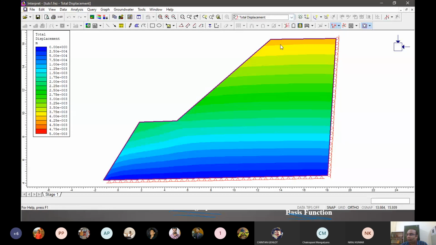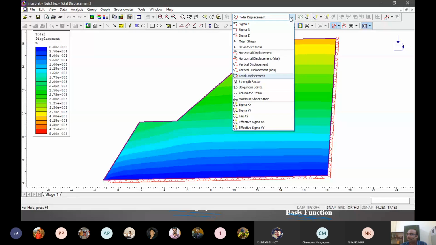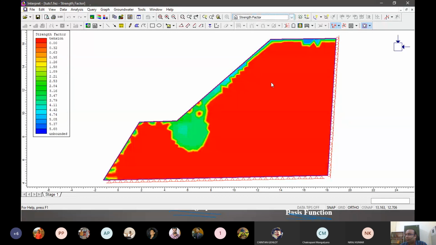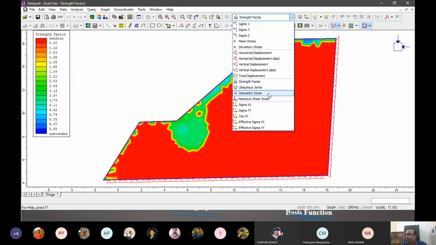If it would have been a failure kind of slope, here you could have seen the displacement taking place in a curvilinear fashion, like a circular failure or something. We can give a strength factor, showing which places have higher strength factor, but that doesn't make sense right now because we are not calculating that.